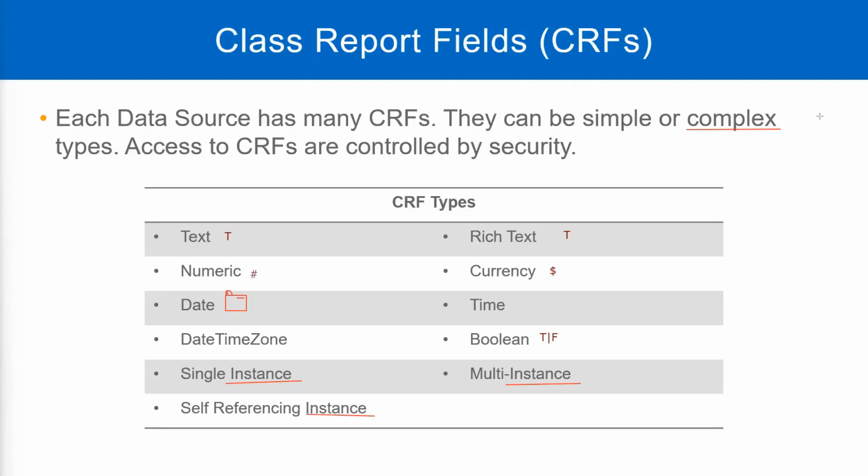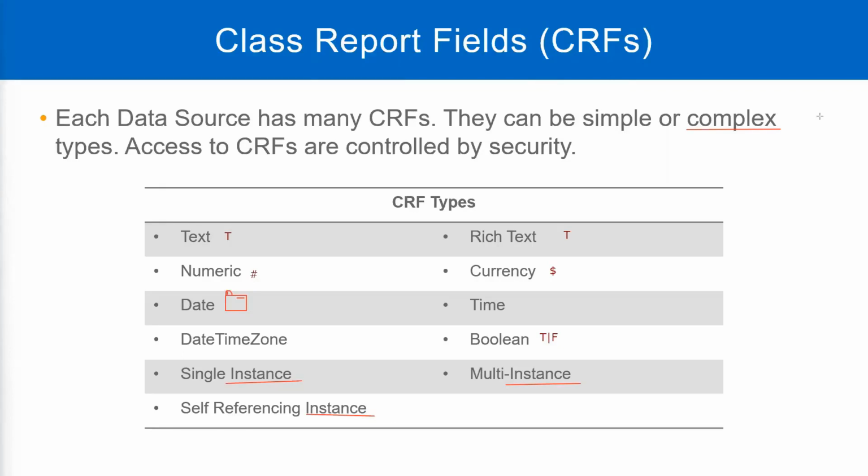Now what is an example of a multi-instance field? Think about the number of dependents of a worker. Will that be single instance or multi-instance? It can be multi-instance, because the worker may not have any dependents, may have one dependent, or may have more than one dependent.